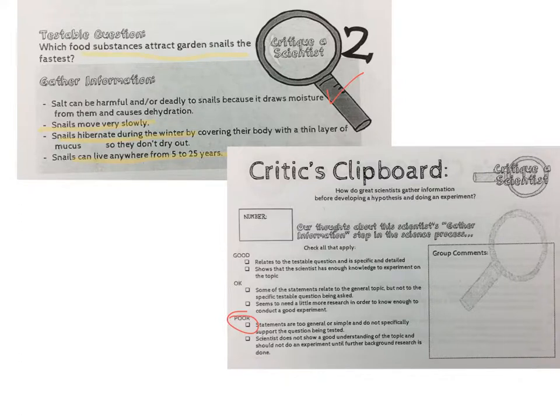So I definitely think that the statements are too general and that the scientist does not show a good understanding of the topic. If they wanted to fix their research, I think they could add some more information about what food substances snails enjoy, and maybe eat or are attracted to. I think that's what's missing in this experiment.